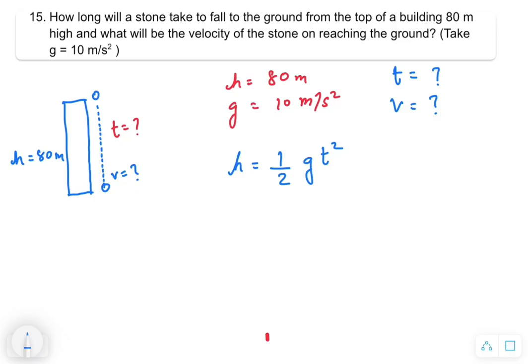Let's substitute the values. h is 80 meters equal to half multiplied by 10 meters per second square multiplied by t square. So t square would be 80 divided by 5.